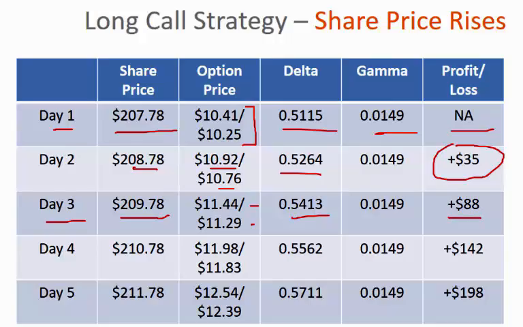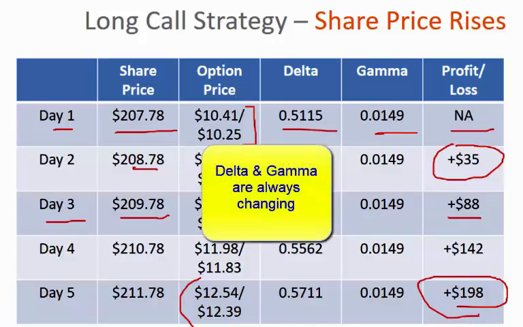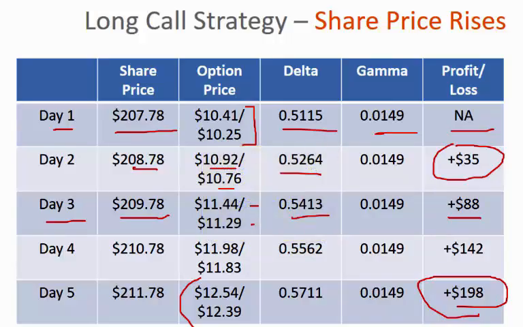So you can see by the time we get to day 5, if the value of the shares kept rising by $1, our option price quotes will get to roughly 1254 stroke 1239, and we'll be in a profit of about 198 per share. So that's why it's important to know about delta and gamma. Delta, as the share price moves, also moves, and that's really important to know when you're trying to estimate what the value of your calls are going to be if you have a specific target price in mind.